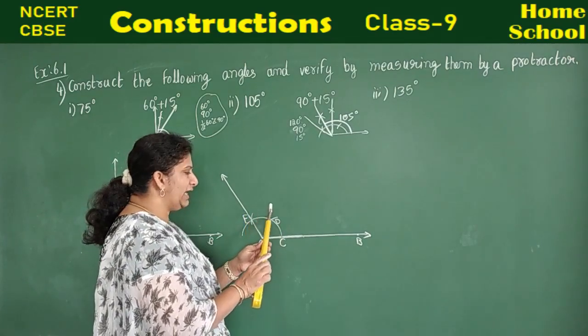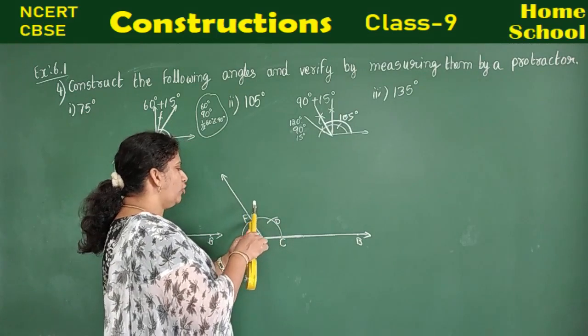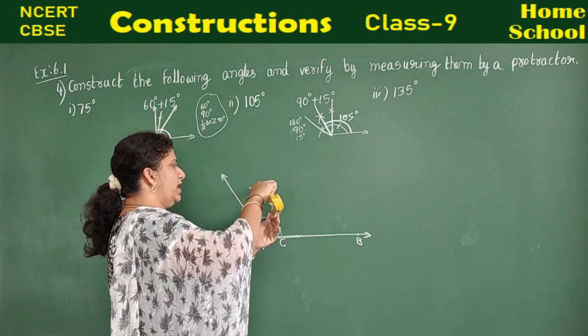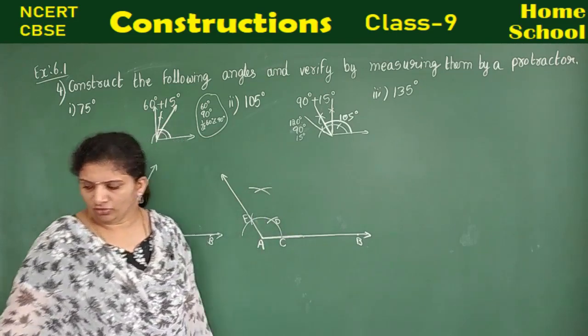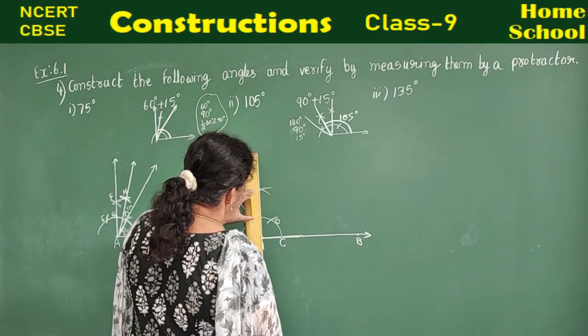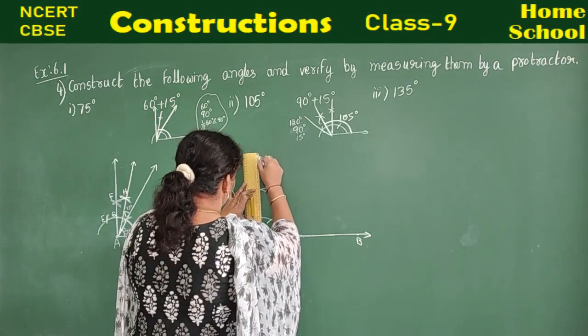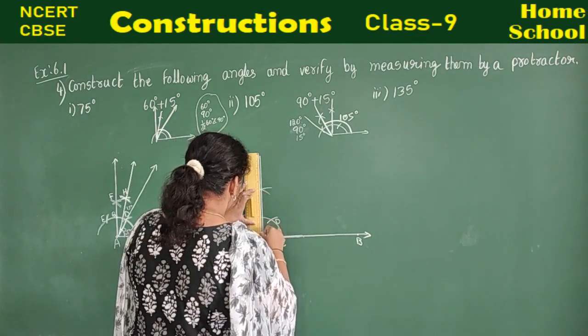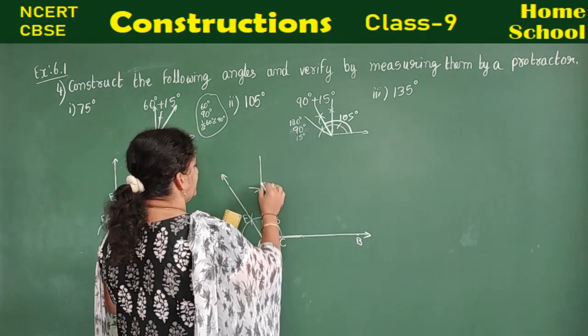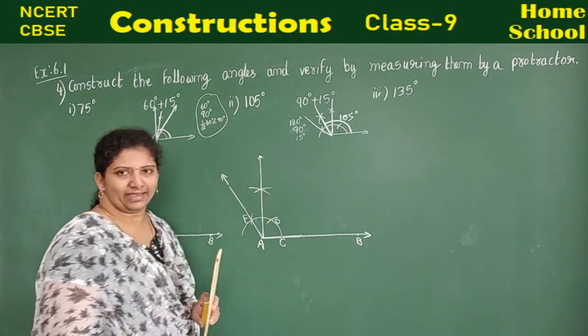From point E and D, take more than half. And now, try to join. Try to join, you are going to get perpendicular. This is 90 degree angle.